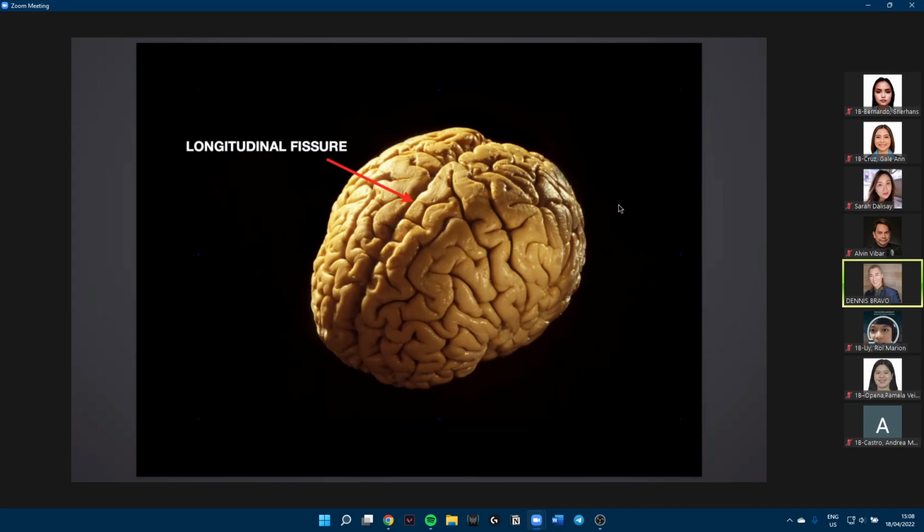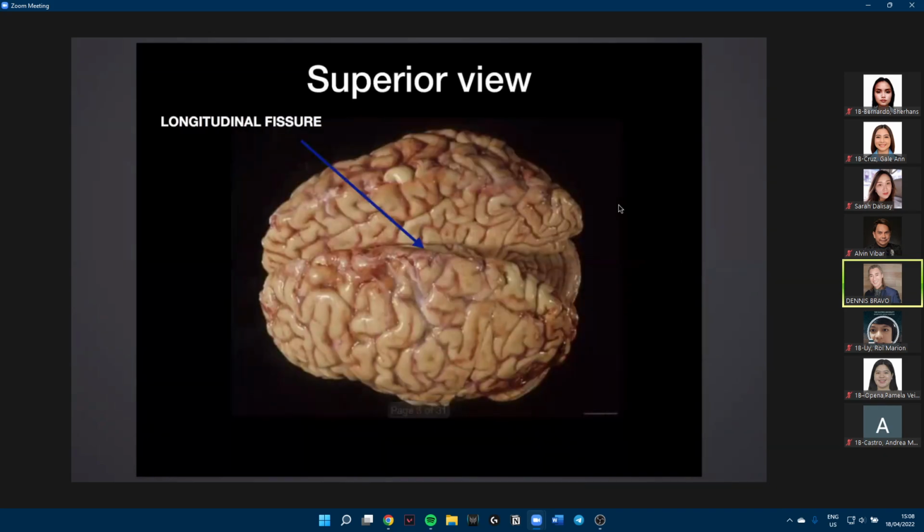Now let's view the cerebrum from the superior aspect. We can see that the longitudinal fissure runs from the anterior part of the cerebrum all the way into the posterior part, where there's a bit of a gap between the two cerebral hemispheres, revealing the superior portion of the cerebellum, which is located inferior to the cerebrum.